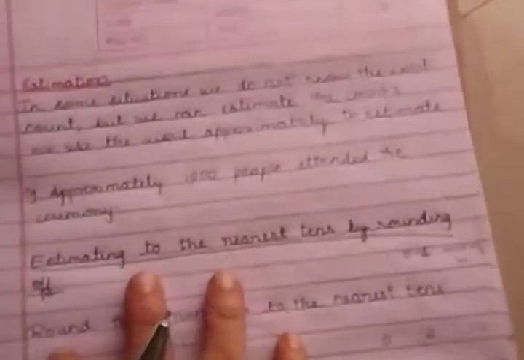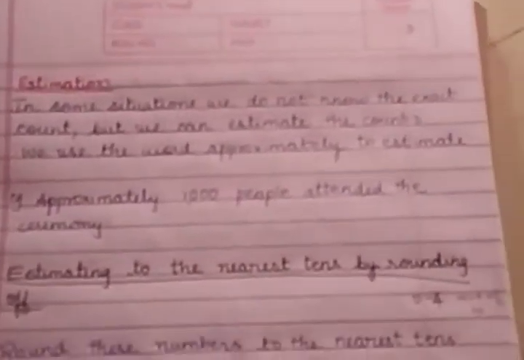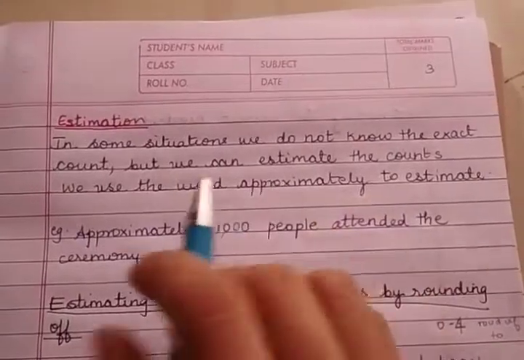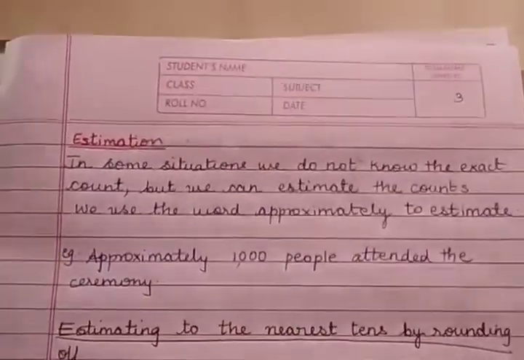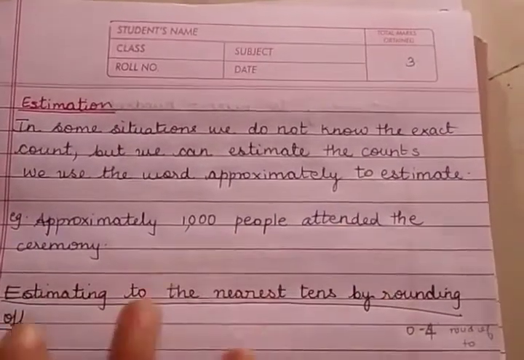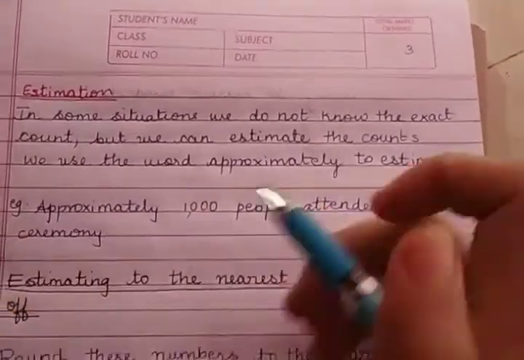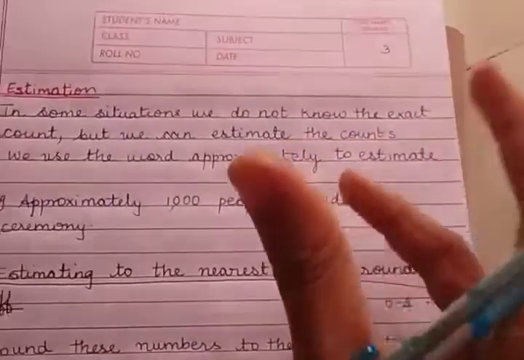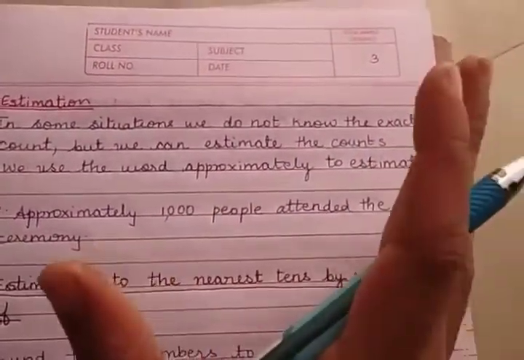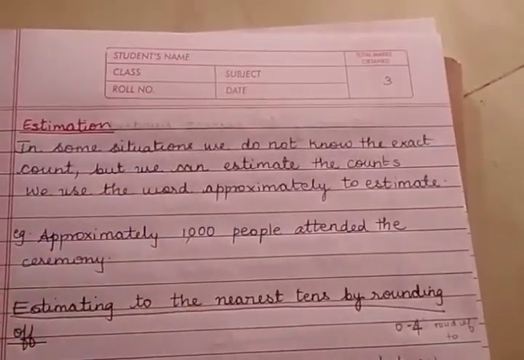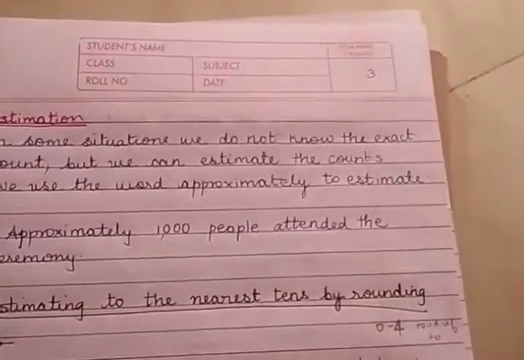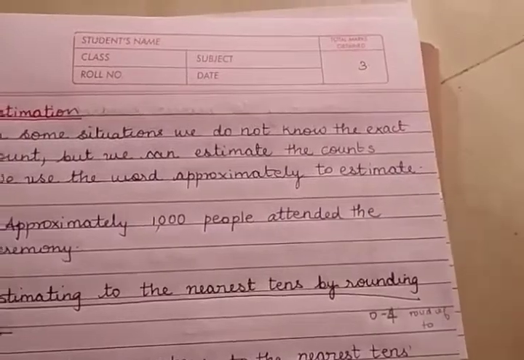Now the next subtopic that we will see is estimation. You must be wondering, what is this estimation? Sometimes in certain situations you cannot say what is the exact number or quantity, but we can estimate, or kind of guess, how much of it can be required.